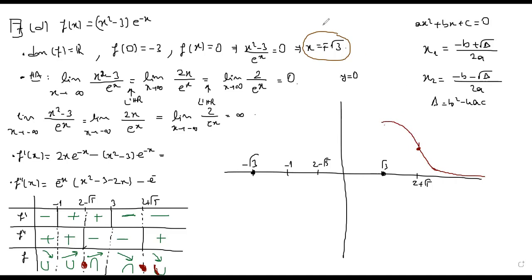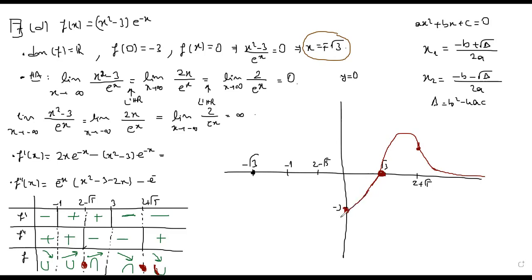But it needs to cut the graph, the x-axis, at there, so it will be something like this. Okay, there it cuts the graph of the function. Right now, what do we know? We also know f of 0 is equal to -3.